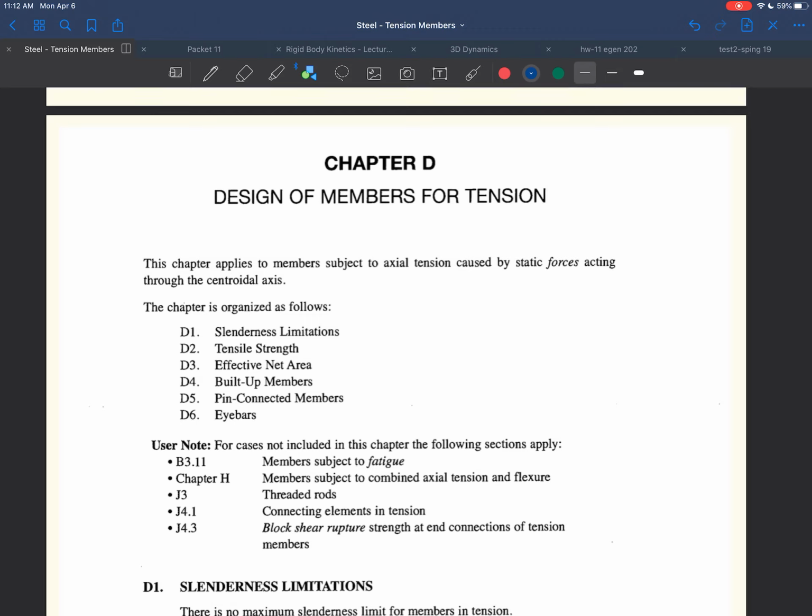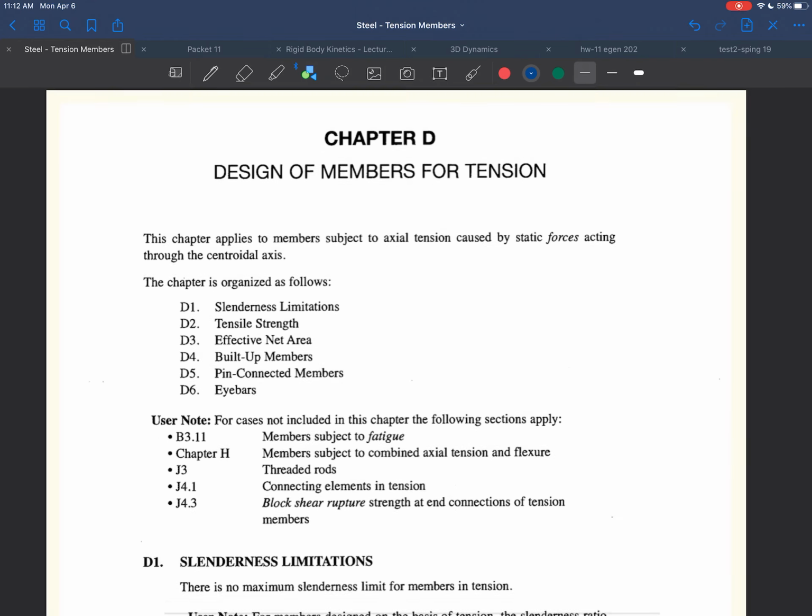So this is chapter D, design of members for tension, under specifications. If you open up your manual and find the tab that says spec, near the back, that's where all these chapters for the specifications are. Chapter D is specifically for the design of members for tension.